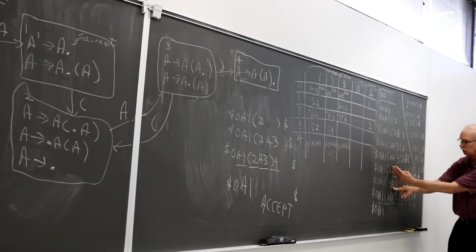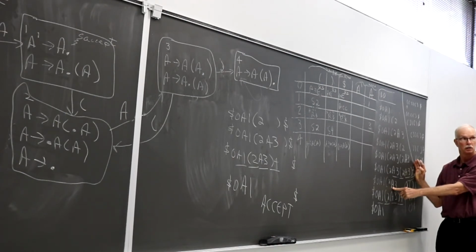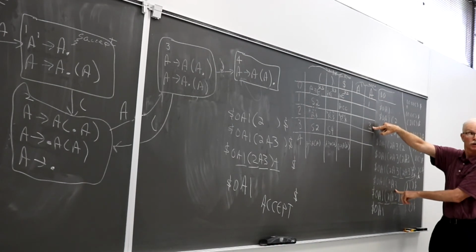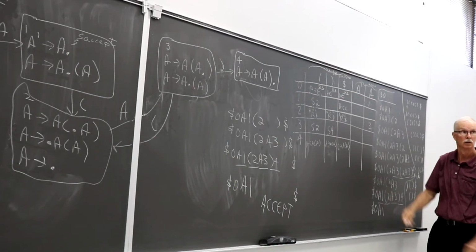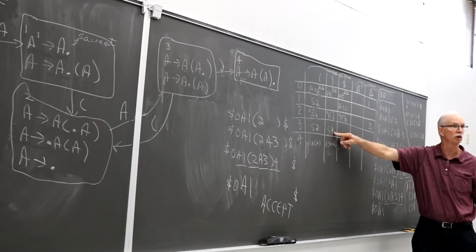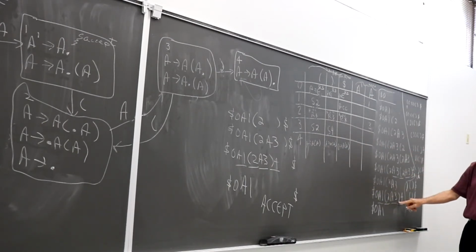So that took all of this off, popped all of that, and pushed this on. And then I looked at 2A, that told me to put the 3 in. Okay. I was just confused. I thought the same 2A was the same 2A from the first step. What is it different? Well, so 3 right paren says shift and go to state 4. So I shifted the right paren on, and I went into state 4.